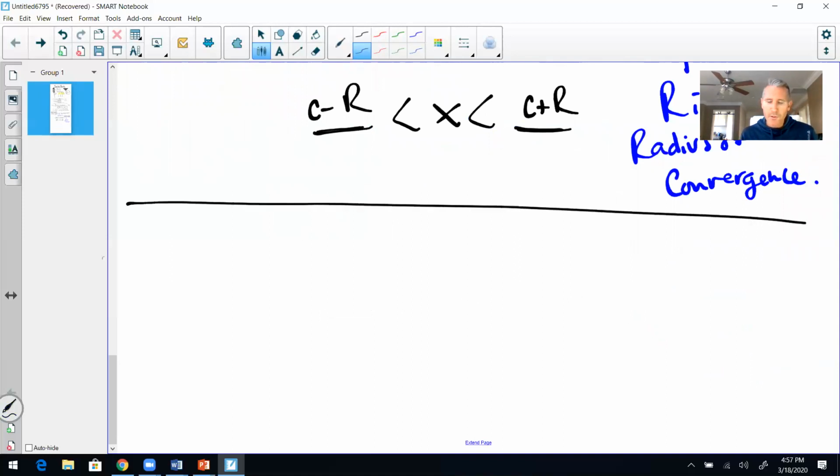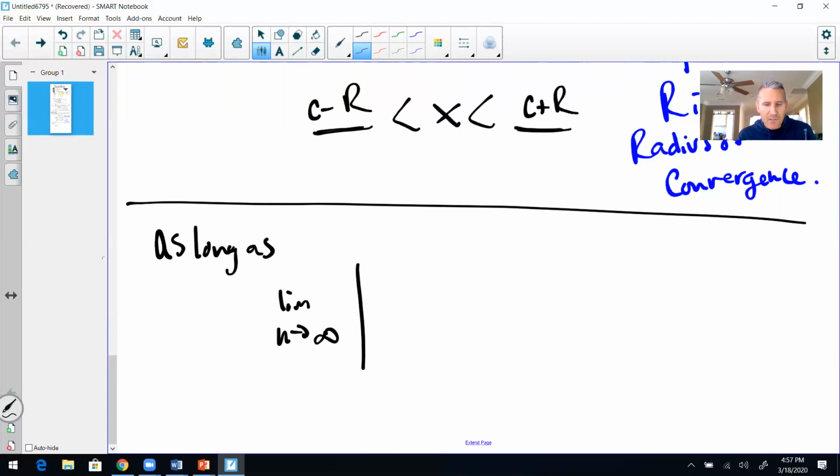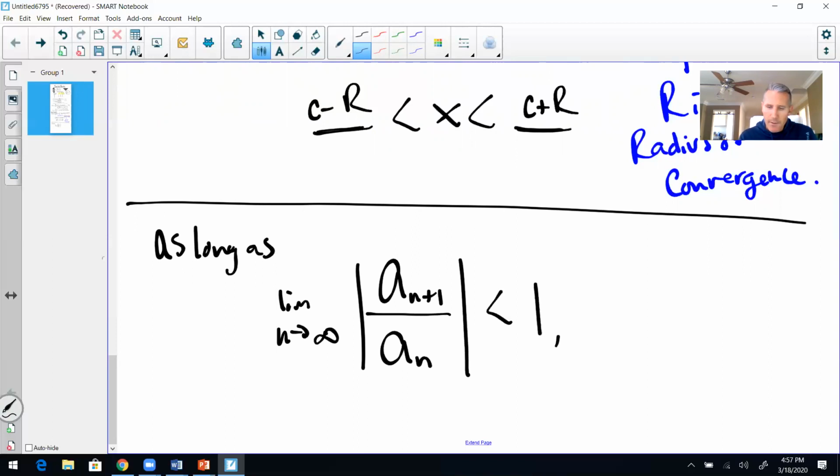But let's just remind you a little bit of the ratio test. So the ratio test basically says, as long as the limit as n approaches infinity of the absolute value of, let's say, the next term divided by the previous term, so a sub n plus 1 divided by a sub n, is going to be less than 1, then the series will converge.